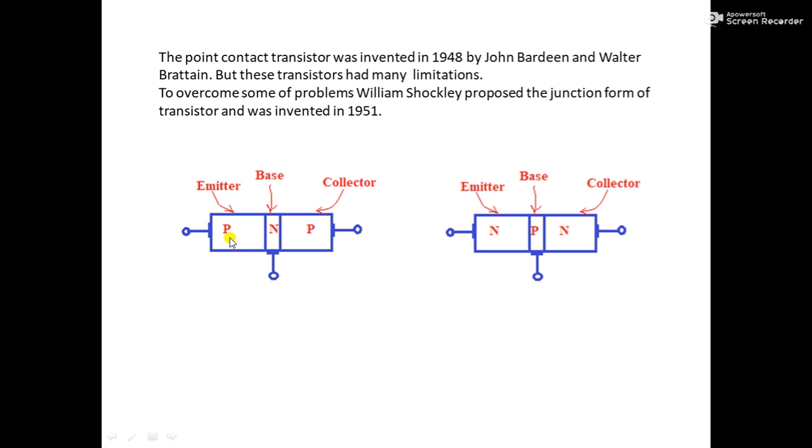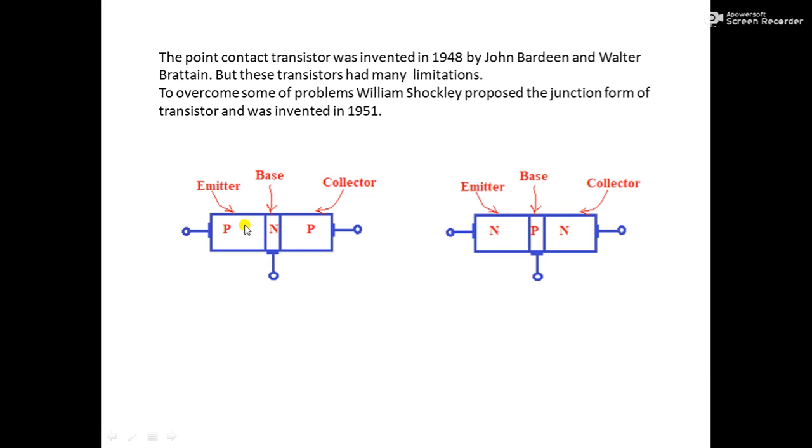The first portion is termed the emitter, the middle one is the base, and the last one is the collector. Here also, the first one is emitter, the middle one is base, and the last one is collector. The base layer is very thin, and on the two sides of the base we have two regions, emitter and collector.